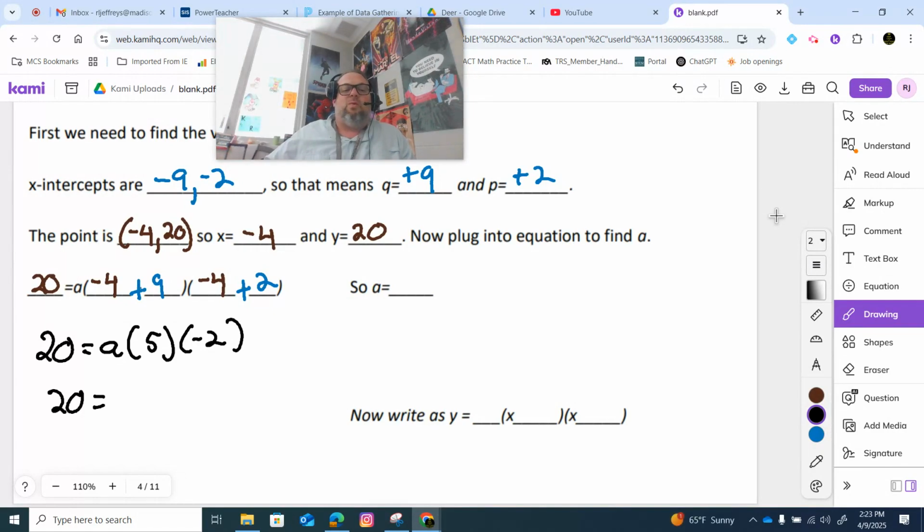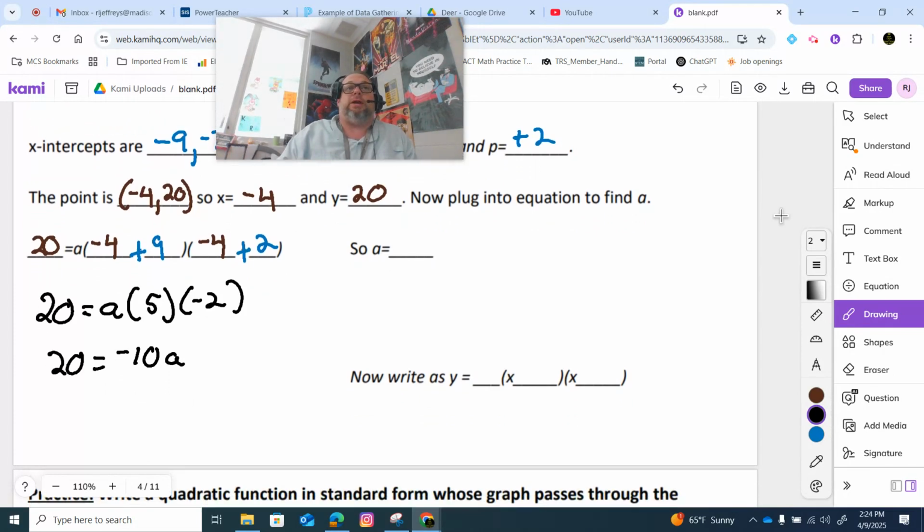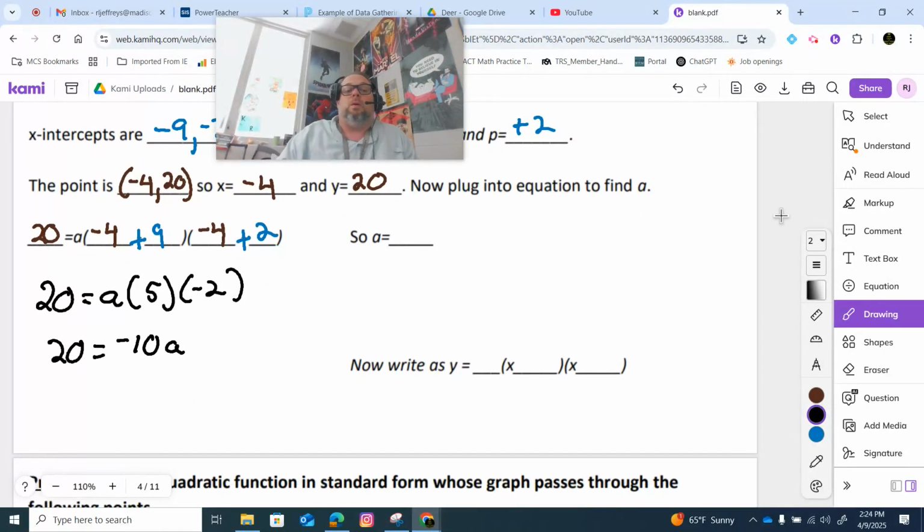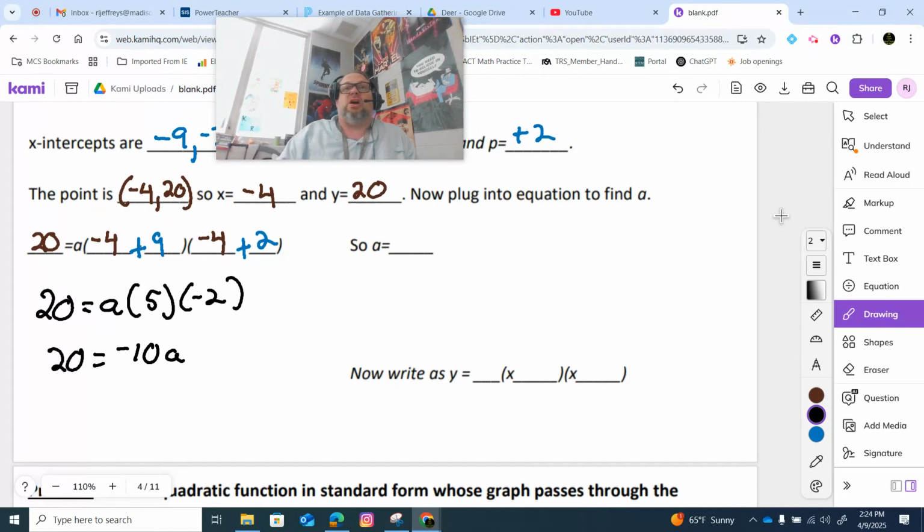All right, what is 5 times -2? All right, this is super duper crazy hard. How do we solve this equation? Yeah, we divide by -10.